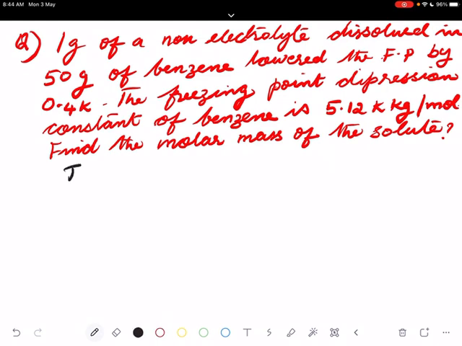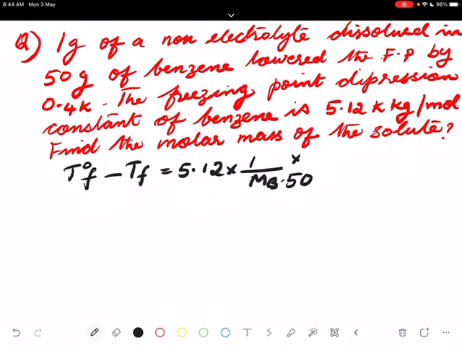Now T naught F, this is a bigger quantity, minus TF is equal to 5.12 into, this is kg per mole, 1 gram, so 1 divided by molar mass, then WA. What is WA? 50 grams. So here I am putting 1000.